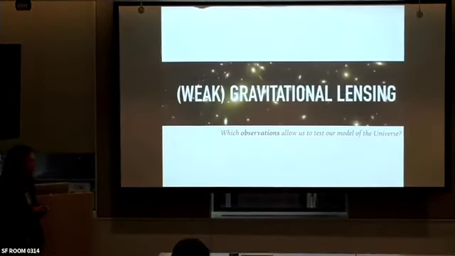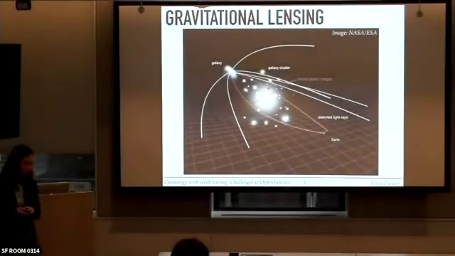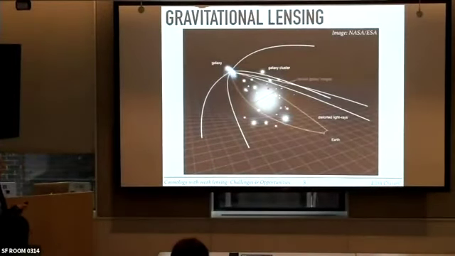Okay, so what observations allow us to test these models of the universe? In this case, I'll be talking about lensing. Lensing is the deviation of the path of photons along the line of sight from a distant galaxy to an observer.